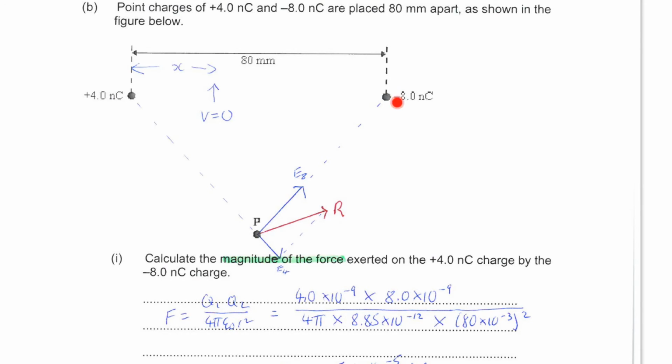So since this charge is twice the other one, the strength of this field must be twice the strength of the other field. And then we just need to consider the direction.